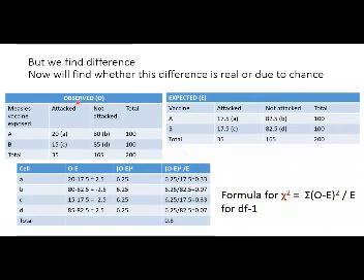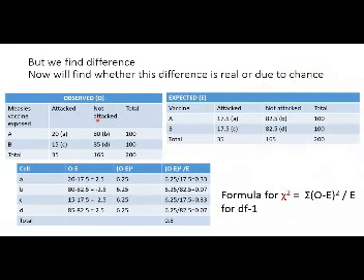We had seen the difference; this is table number 1 that we had discussed earlier in the previous slides. Now we will find whether this difference is real or due to chance. If real, how much is the significance level, and if otherwise, in statistical language we say this is by chance or chance alone.